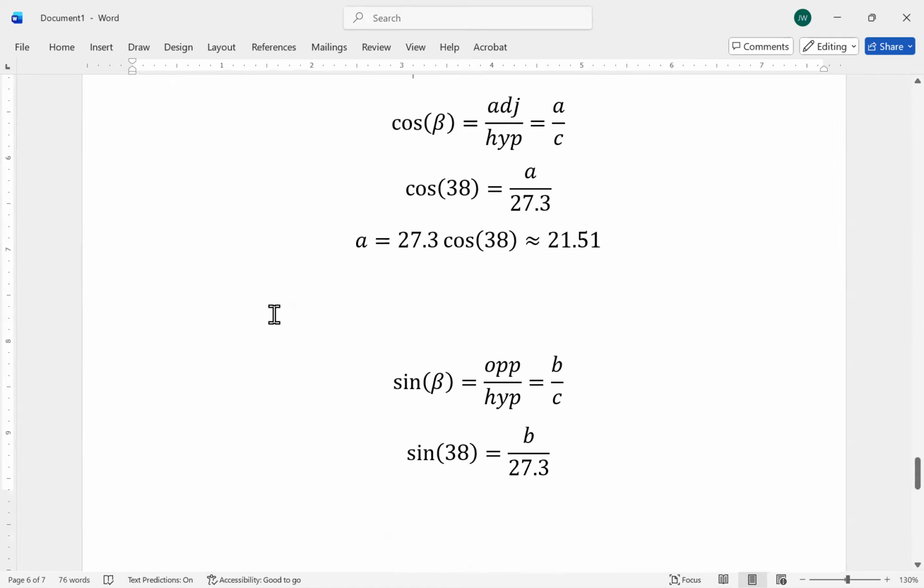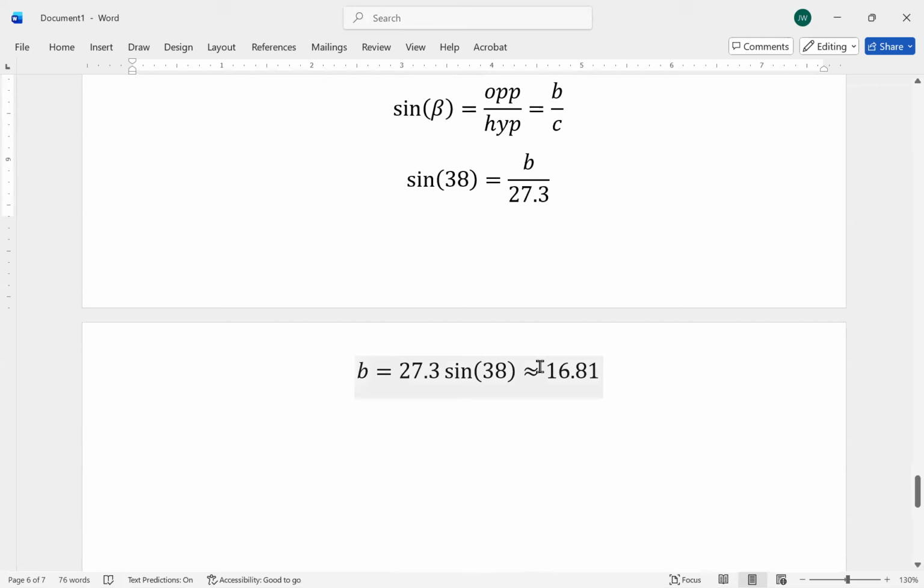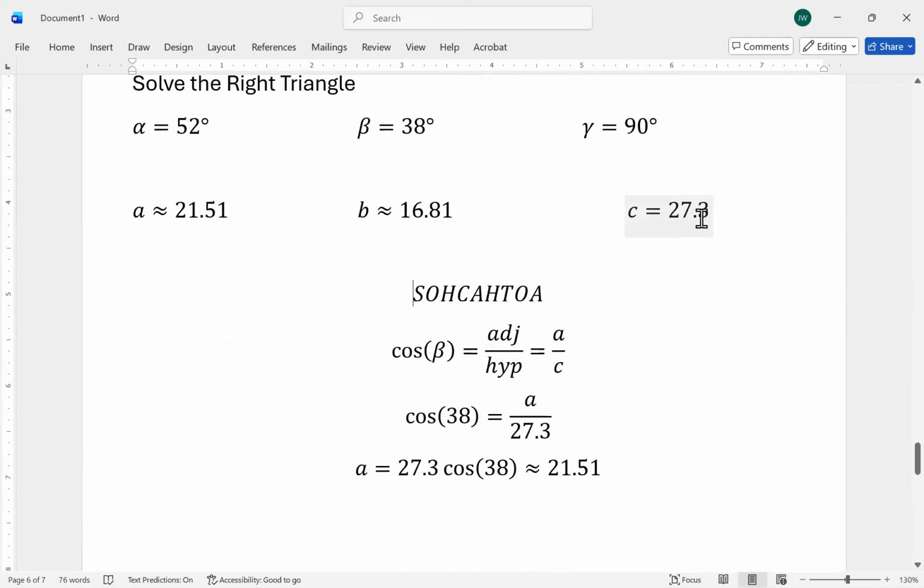One little note on this, after I found the B value, and I already knew the C was 27.3, I could have also used the Pythagorean theorem to get A. And if we would have done it that way, we would have gotten something that is very, very close. If we would have rounded it to 2 decimal places, you would have gotten the exact same value, 21.51. But if you would have rounded this one further, you get 21.5127, whereas this one gives you 21.5108.